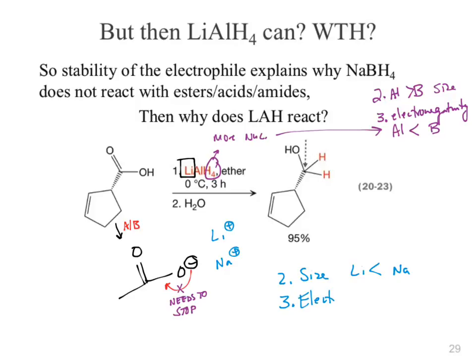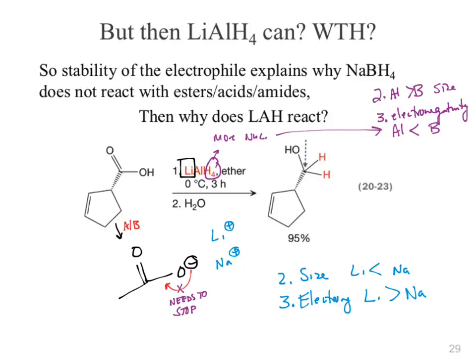Electronegativity. What do we know about our electronegativity? It gets stronger as you go up, which means lithium is more electronegative than sodium. Stabilize the negative charge better. If I put a more electronegative element near that negative charge, that withdraws even more electron density away, stabilizing that negative even further.